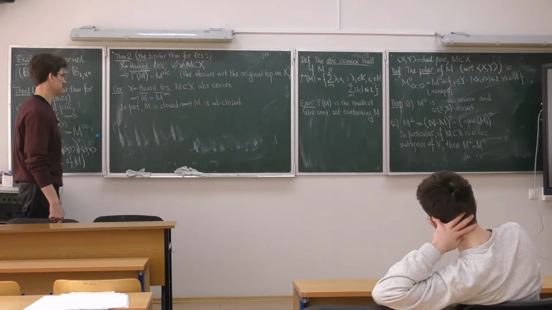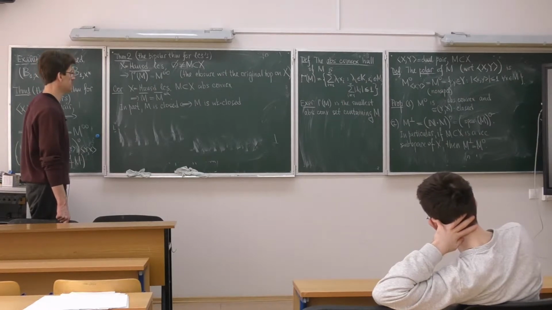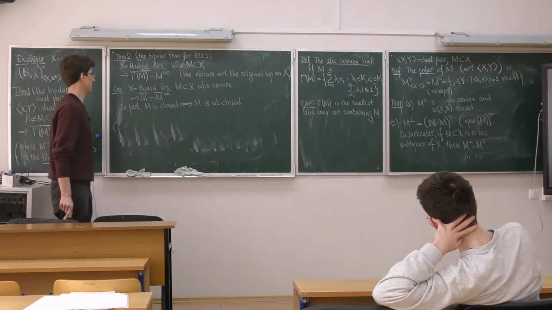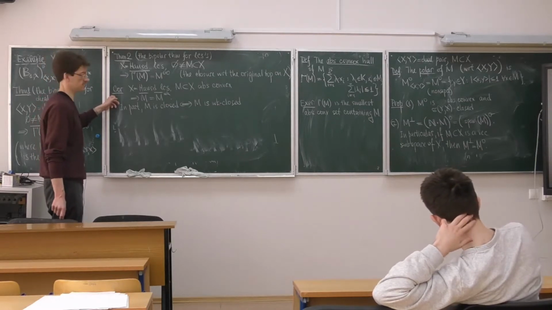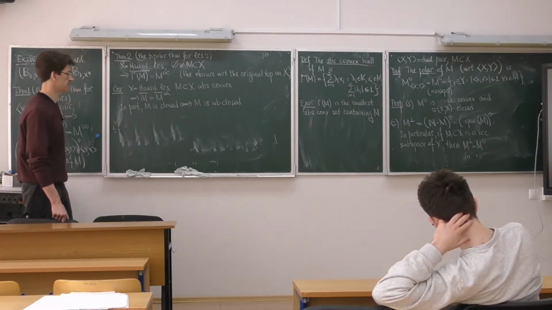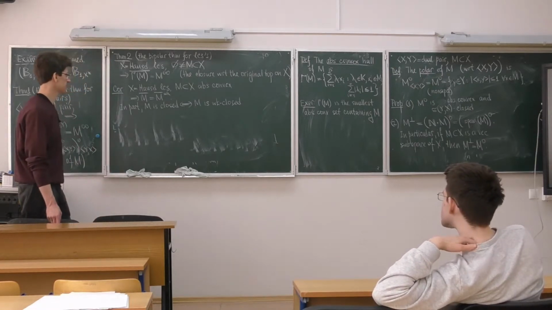And moreover, there is another modification. If we suitably modify the bipolar theorem, then we can show that this corollary is true for all convex subsets M of X. Not necessarily absolutely convex, but also for convex subsets.